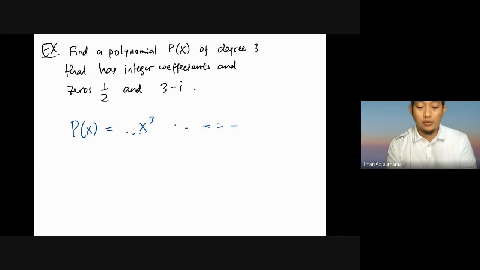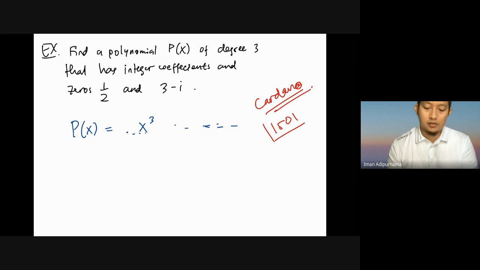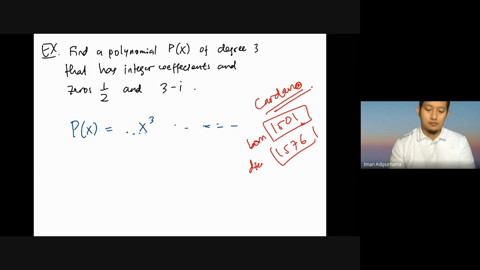Born in 1501, and this is 1576, when he died. So this is the one figure who found the complex number.